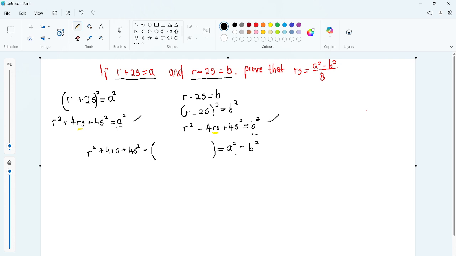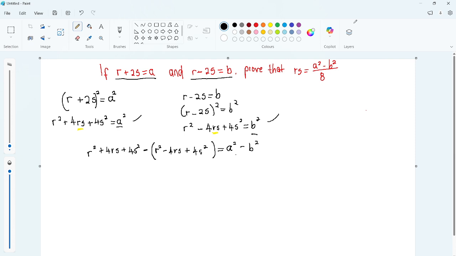Here is my b squared, which is r squared minus 4rs plus 4s squared. So what do I do now?